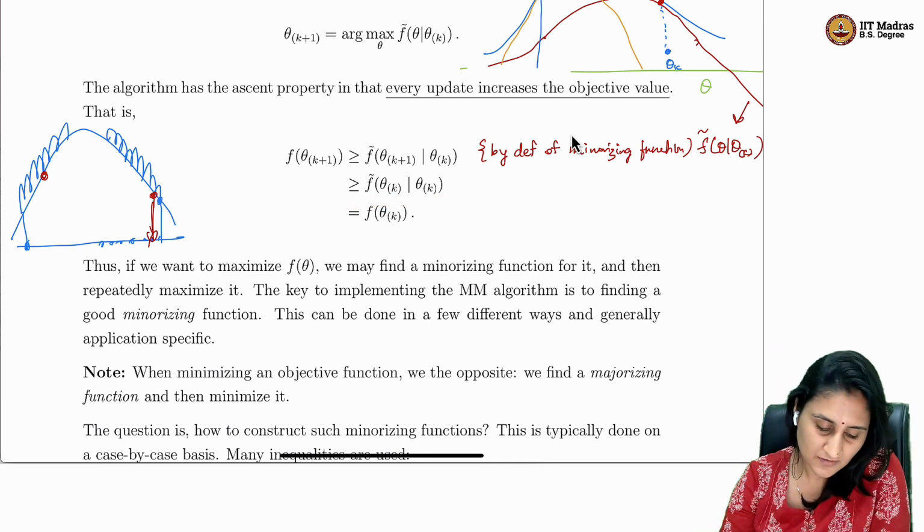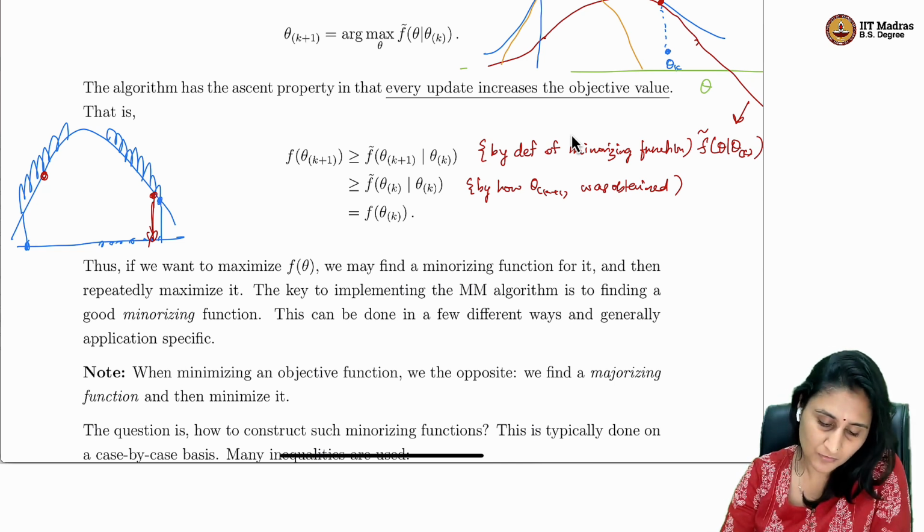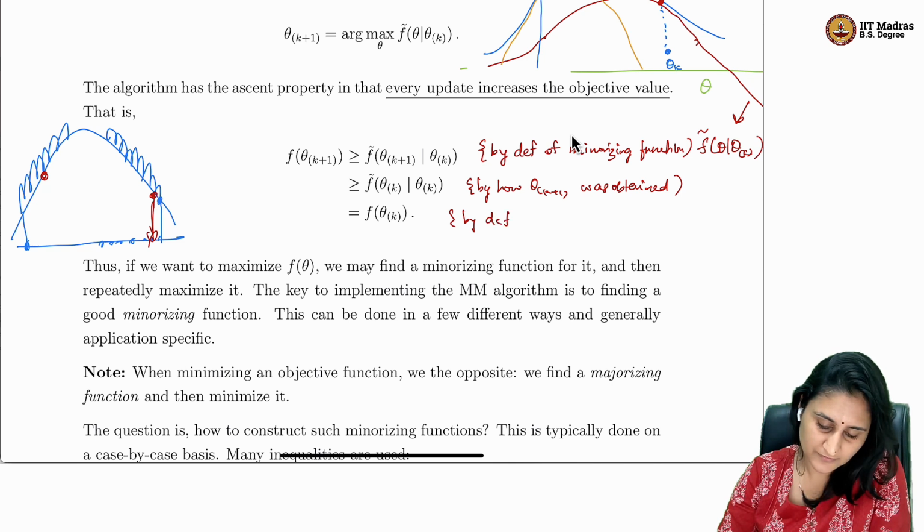So then this is by how theta k plus 1 was obtained, right? But now, going from here to here, this equality trivially holds again by definition of a minorizing function.